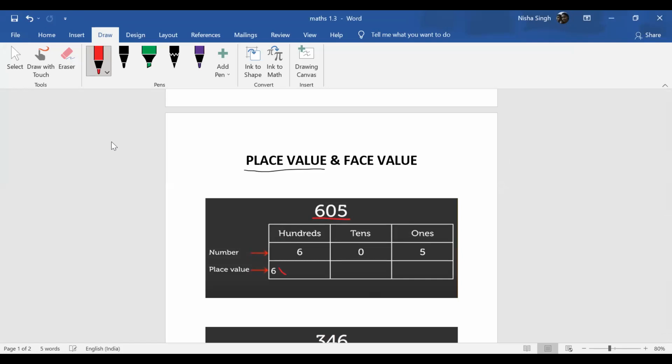So we will multiply it by 100. So the answer will be 600. For 0, we have 0 tens, we don't have any tens, so the answer is 0. We have 5 ones, that means 5.